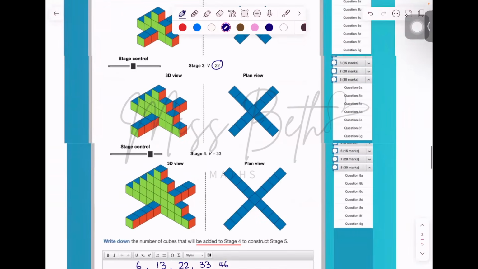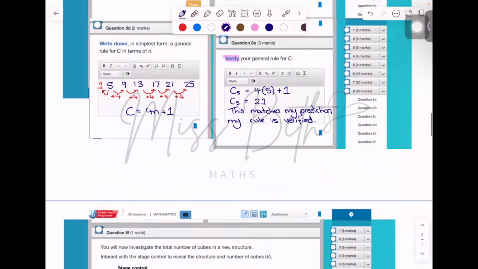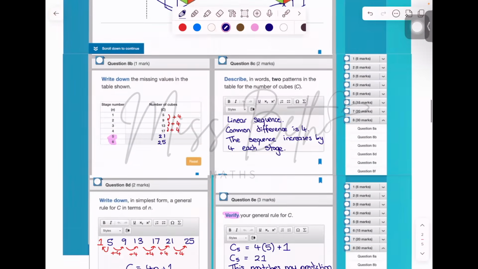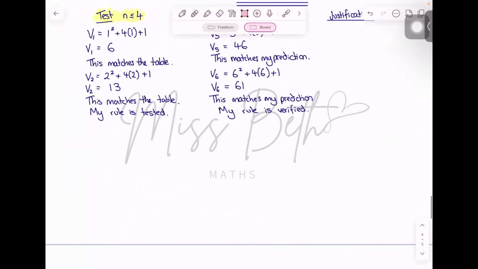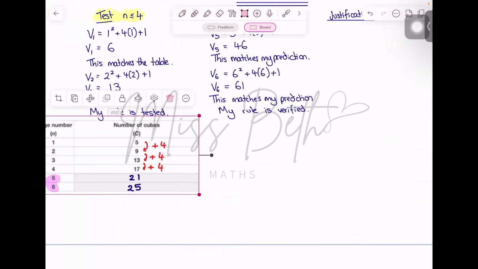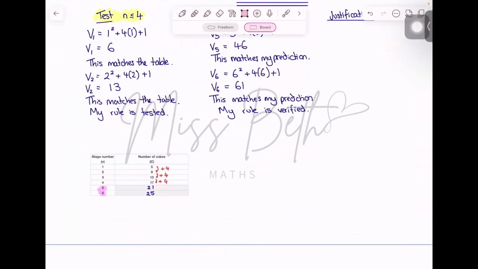So our first sequence was a linear sequence and it followed this. So let me just copy this and move this down. That was our first sequence for C, and our rule for C was 4n plus 1.